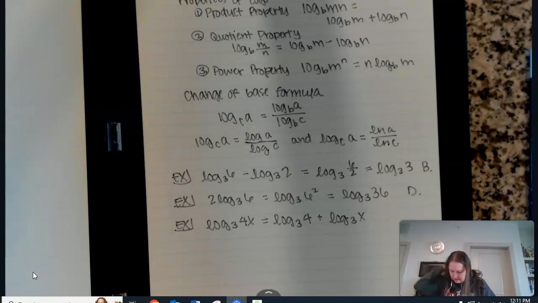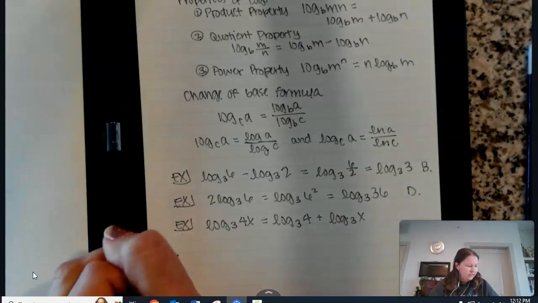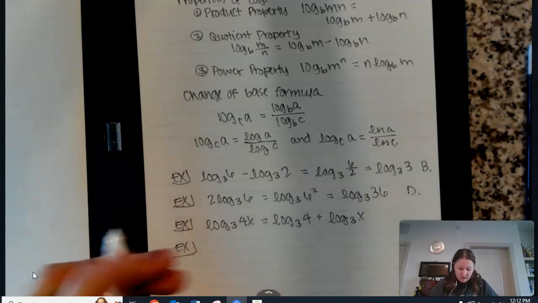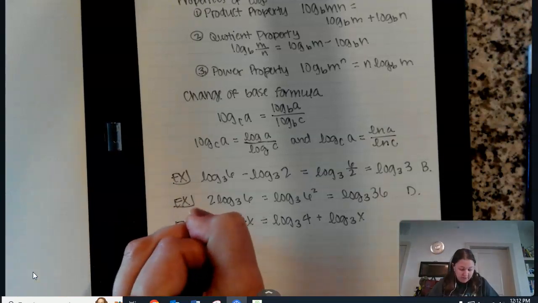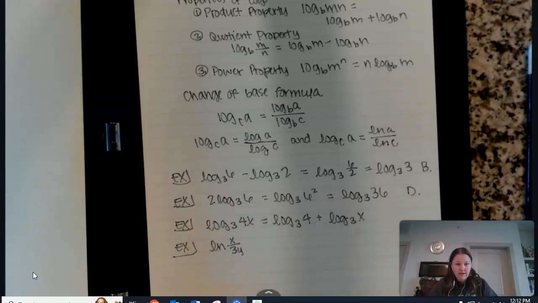So 15, kind of similar. It's log base 10. In 17, you have a natural log. Let's do 17. So 17, you have the natural log of x over 3y.